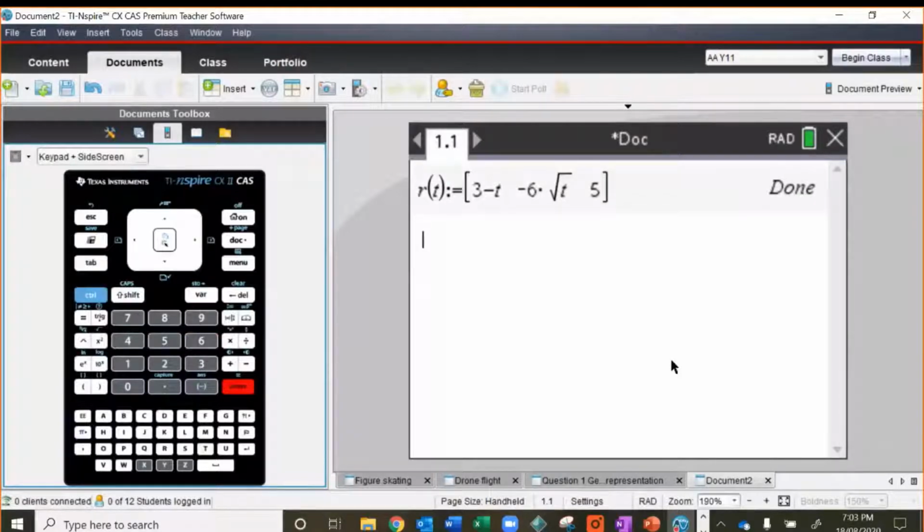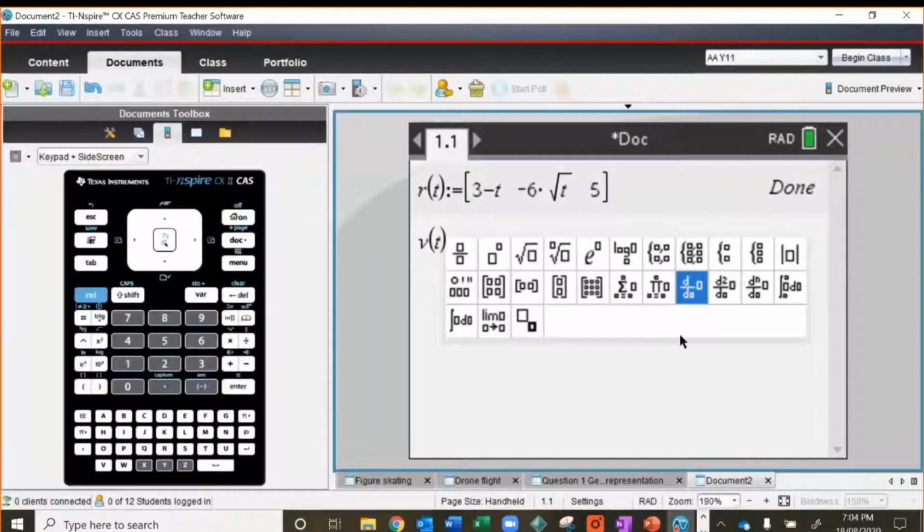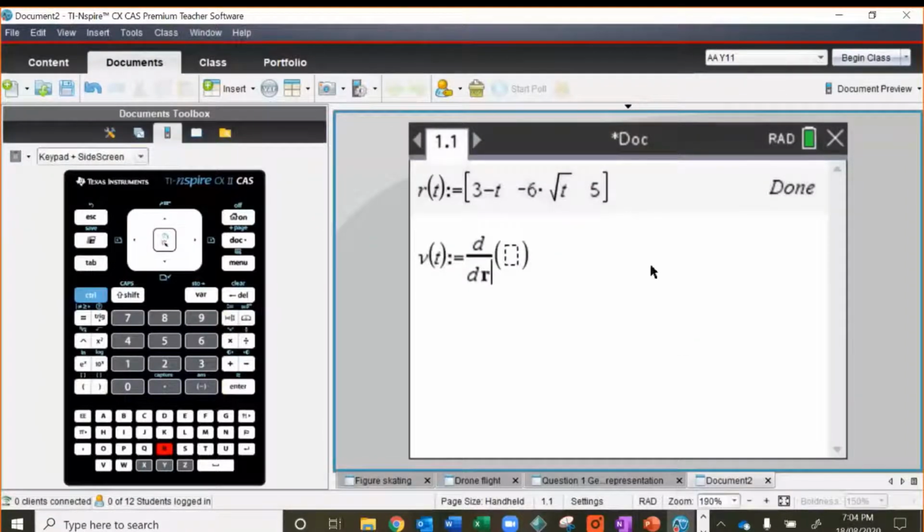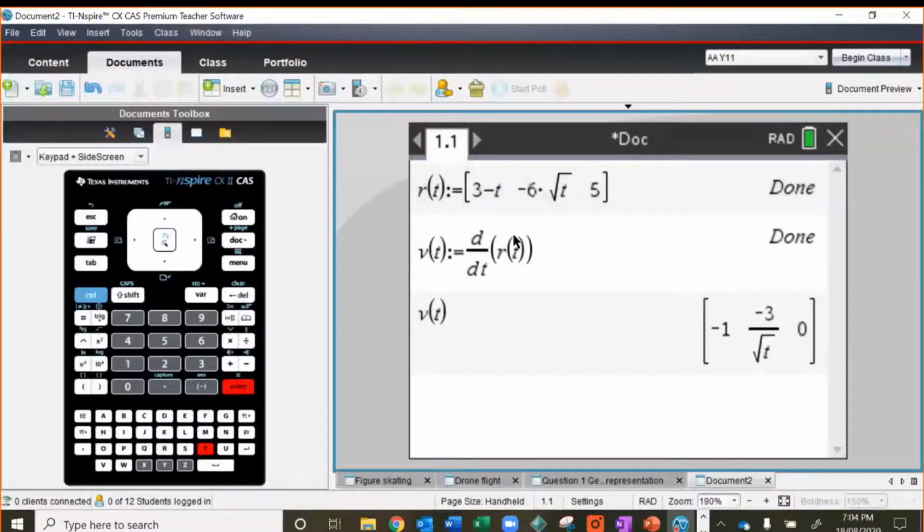If I wish to find the velocity, so let's say my velocity of t will be, we need to differentiate our position vector with respect to t of r of t. So it has been done and I can recall it. So this is the velocity vector, minus i minus 3 on square root t j, and there is no k component because it was constant.